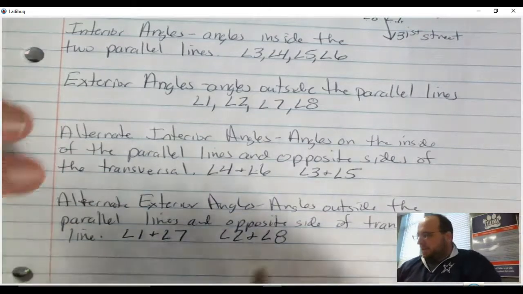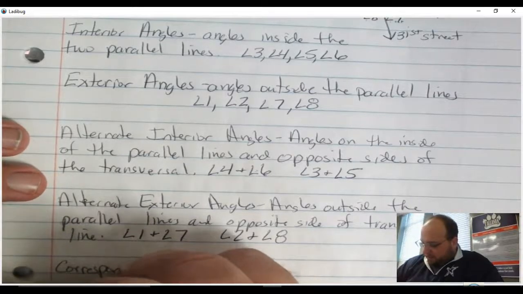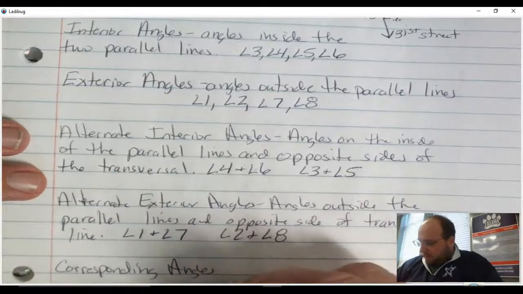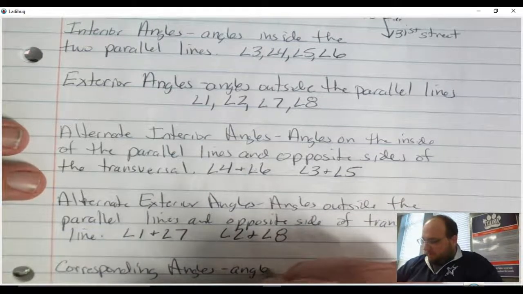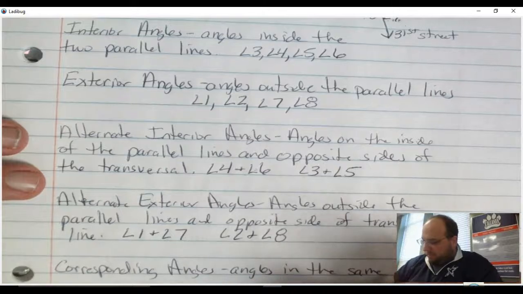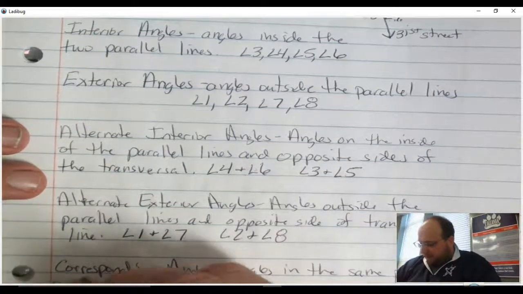And our last vocabulary word, I know it feels like we would never get here, corresponding angles. This is angles in the same position on the parallel lines in relation to the transversal line.